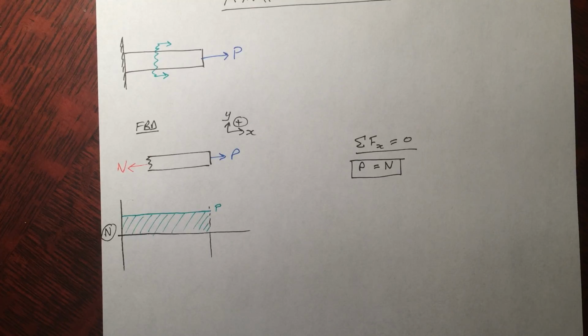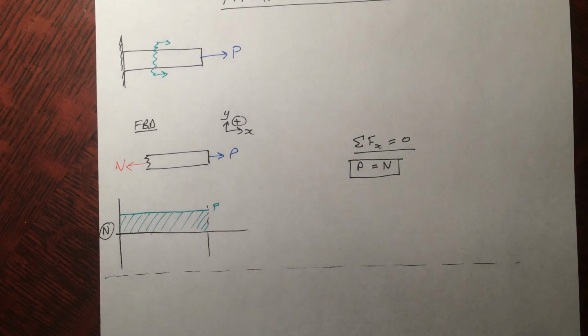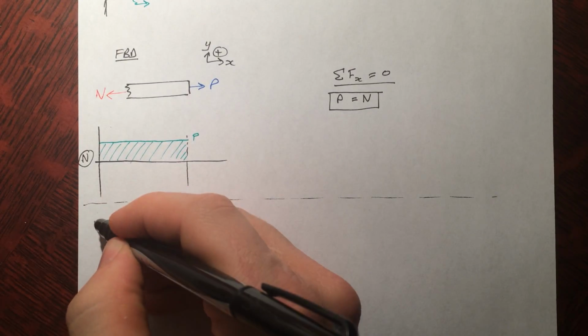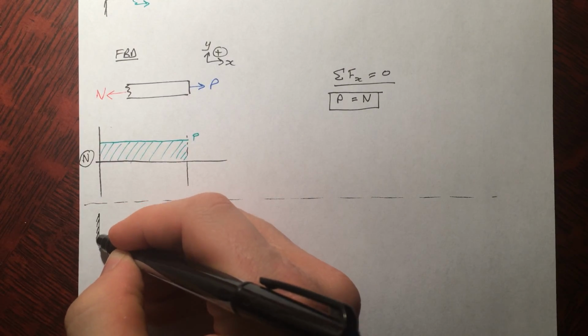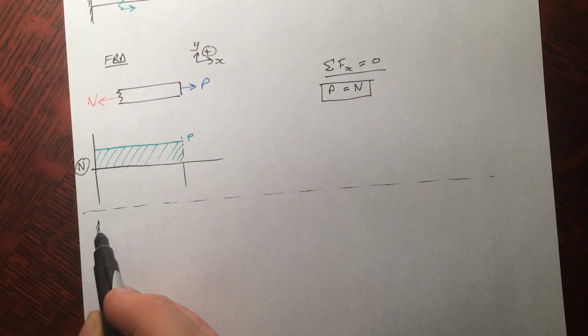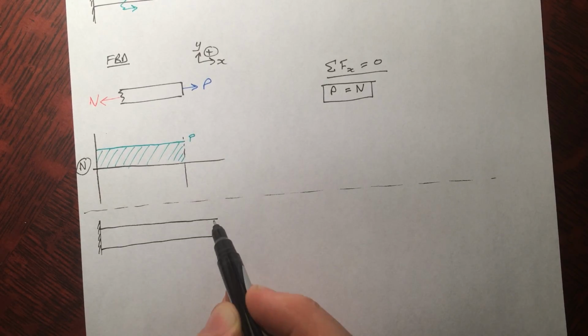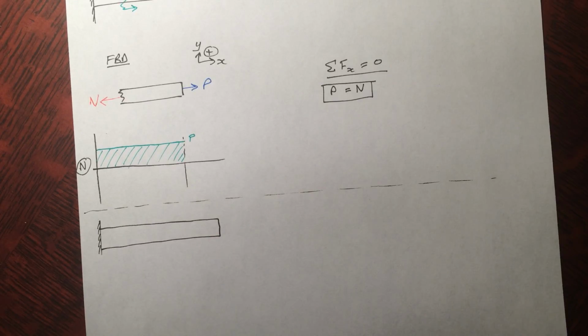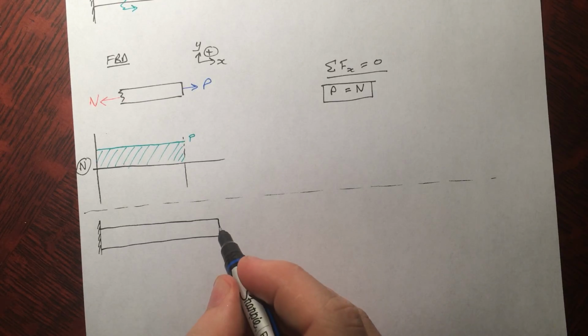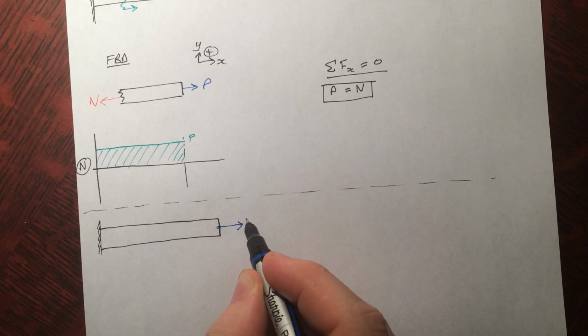Alright, let's move into the second example here. We have a similar type of bar situation, a little bit longer. We have a load here of P again.